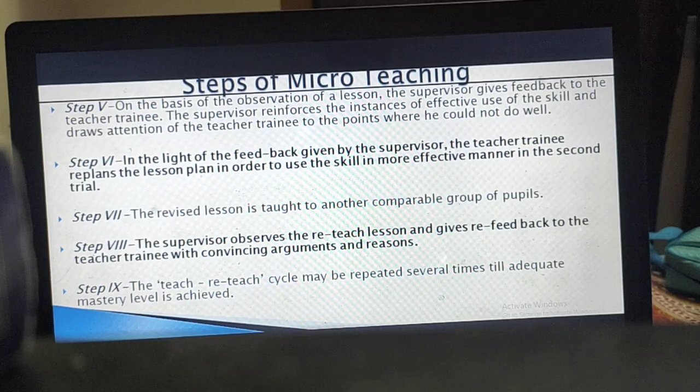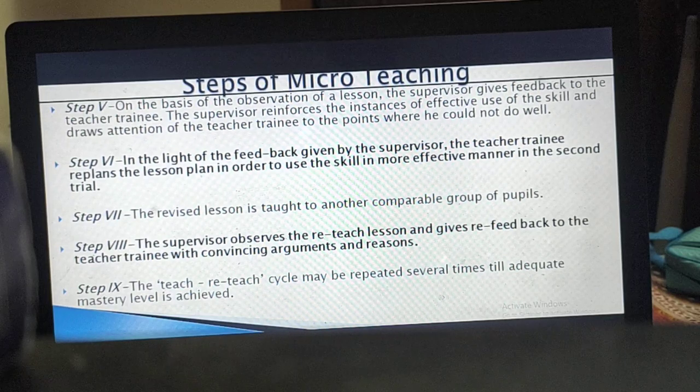Number 6, in light of the feedback given by the supervisor, the teacher trainee rectifies his weak points and again demonstrates that particular skill as a second trial.